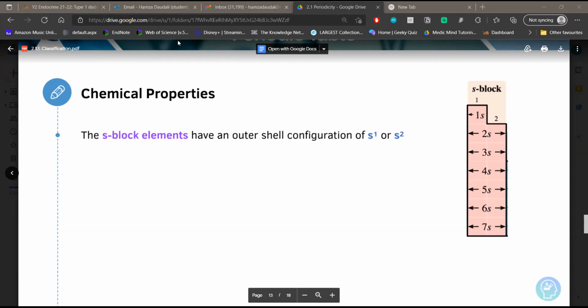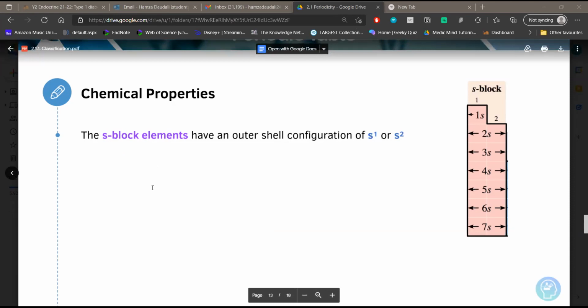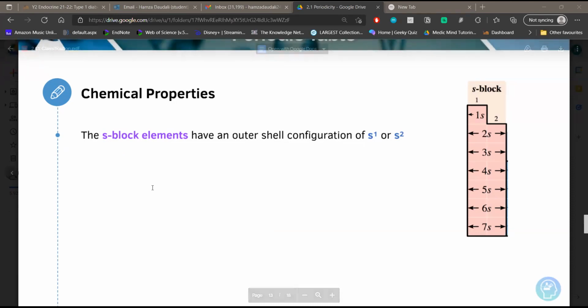What else do you want to be aware of? Does anyone have any good revision methods to remember the order of this, like the fact that it goes s, p, and then d in the order of filling electrons? Otherwise, I can show you mine, but it's quite nerdy. Yeah, in A levels, you do tend to only go up to the d subshell. That's why I'm saying you probably won't ever need the f.